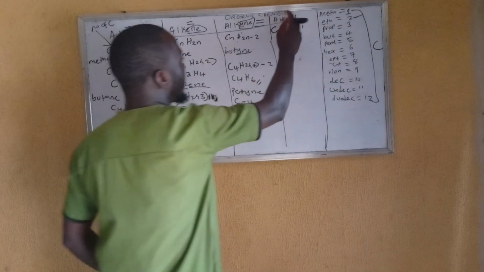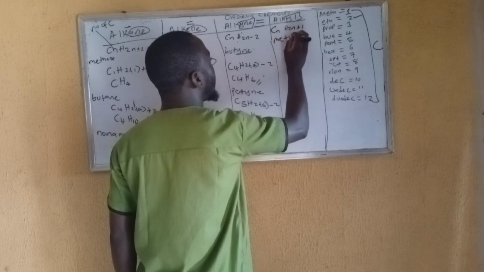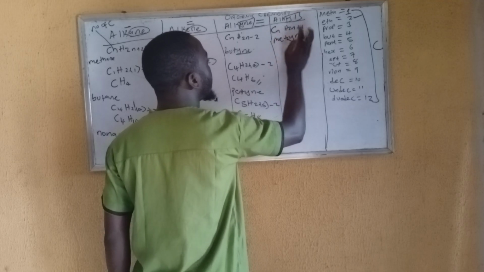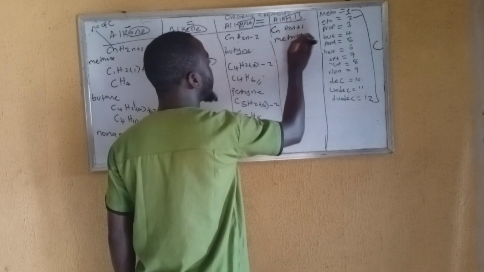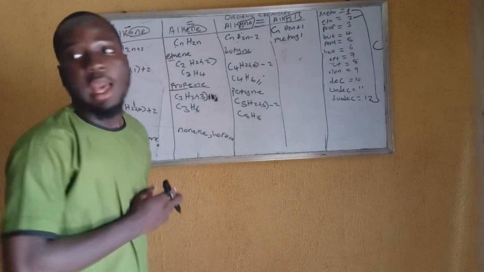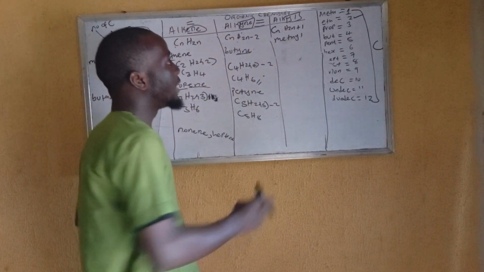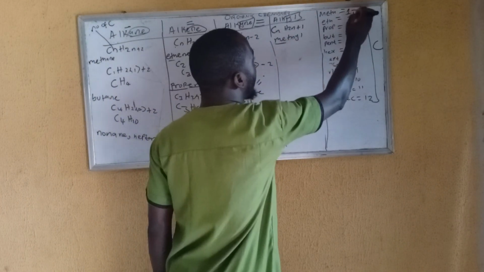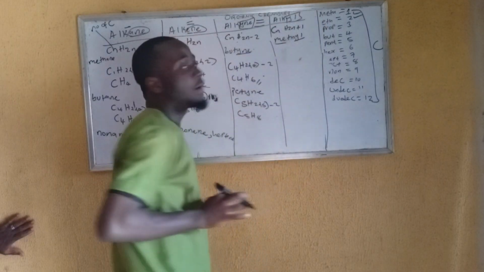Assuming I have methyl, this one will be ending with yl. Are you getting me? Assuming I have methyl, how will I name it? Meth means 1 carbon. Yl means it belongs to the alkyl family.